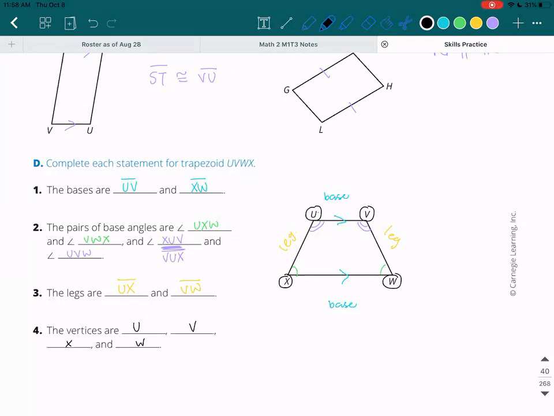Okay? Any questions on part D? Okay. Anybody still need to see this? I'll give you guys 10 more seconds to type the word yes in the chat.